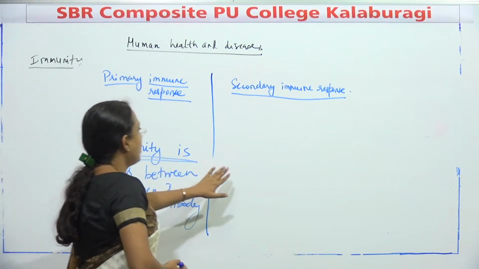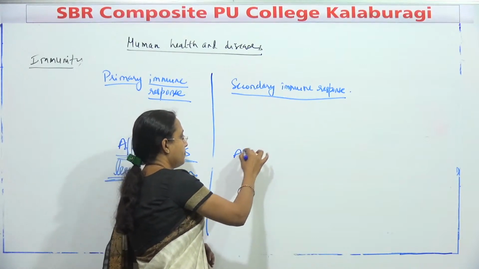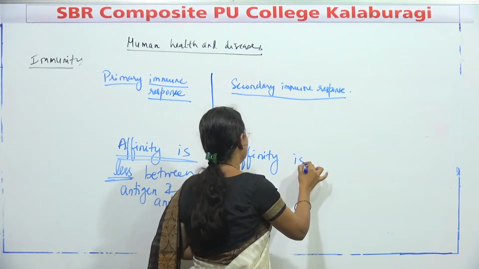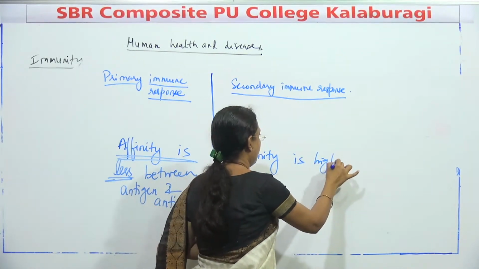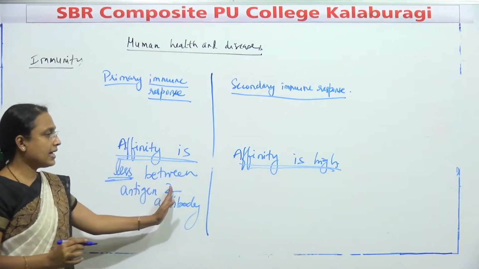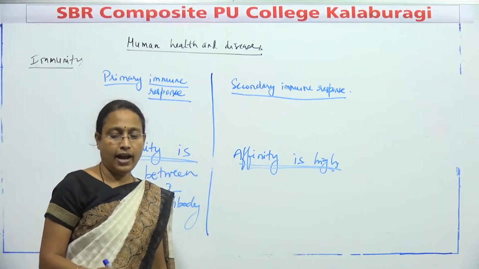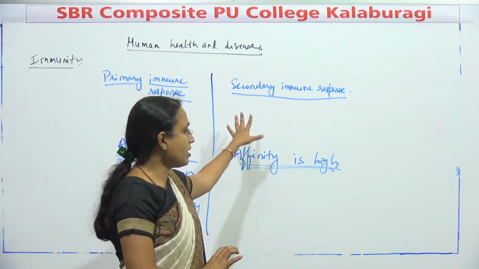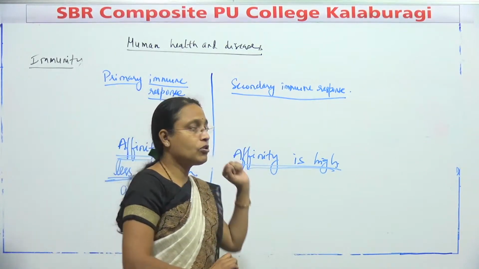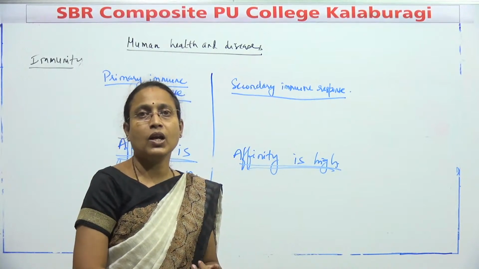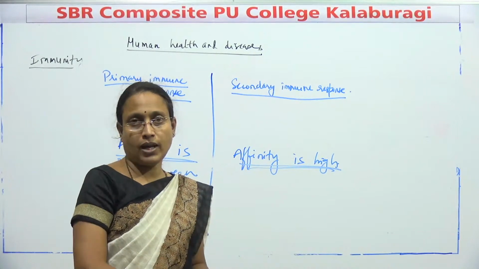The next is, here affinity is very high. Affinity is very high between an antigen and antibody. So definitely you can see the points which are written here show that the second response is a very strong response. It can eliminate the pathogen in a very quick and efficient way.